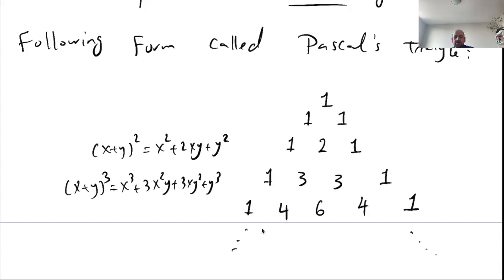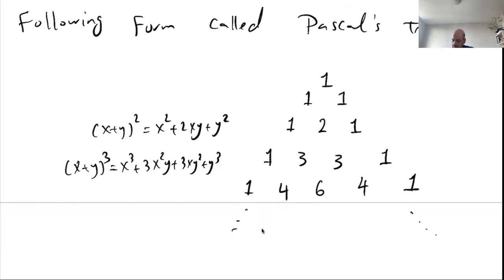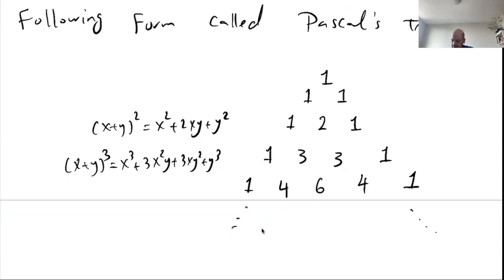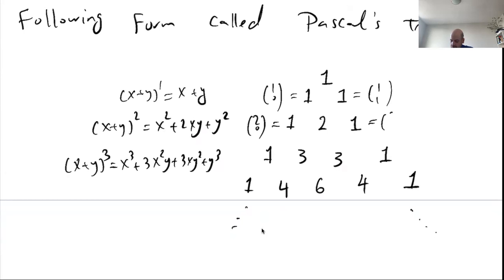Now, what is the relation between Pascal's triangle and Pascal's identity? Well, here, for example, this is for x plus y to power 1, right? X plus y to power 1 is x plus y. So these are basically 1 choose 0, and this is 1 choose 1. Now, the coefficients for power 2: the first coefficient, of course, is 2 choose 0, and the last one is 2 choose 2.